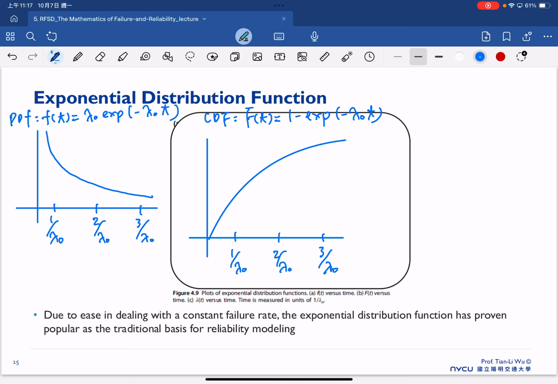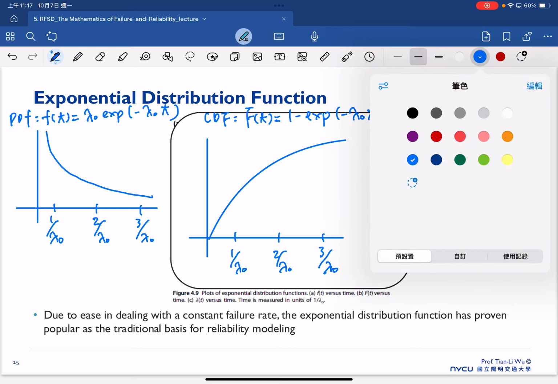And the last one is the hazard function, which we have already shown in the case of the exponential distribution function: lambda(t) is equal to lambda 0.